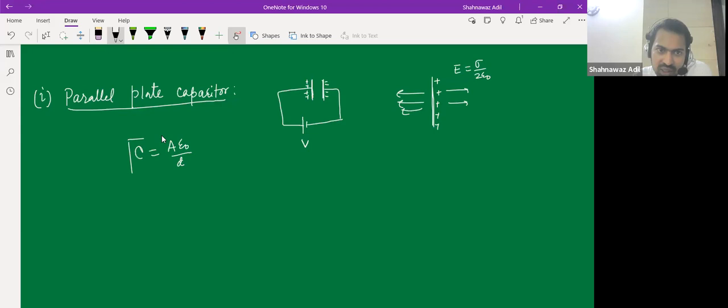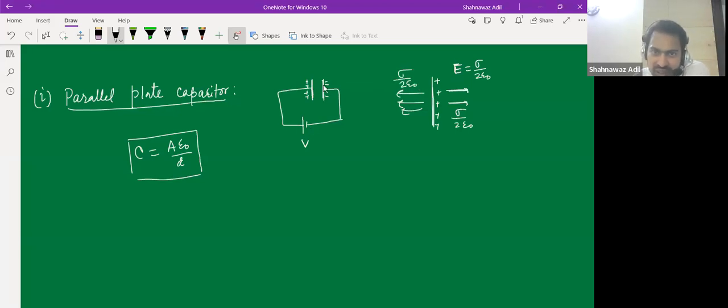Yes, we will come to that. I'm only asking about the electric field right now. The electric field due to the positive plate would be sigma by 2 epsilon naught in this direction and sigma by 2 epsilon naught in this direction, right, guys?